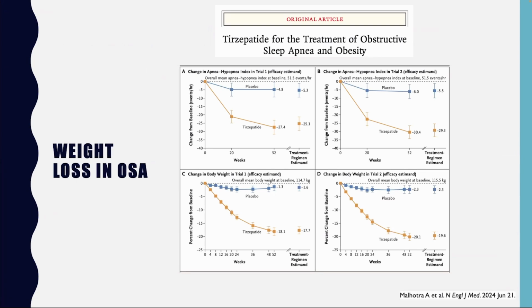And not only did it improve sleep apnea severity, there were also improvements in systolic blood pressure by 7 to 8 millimeters mercury, C-reactive protein, which is an inflammatory biomarker. There were improvements in hypoxic burden. And additionally, there were improvements in patient-reported sleep impairment outcomes.